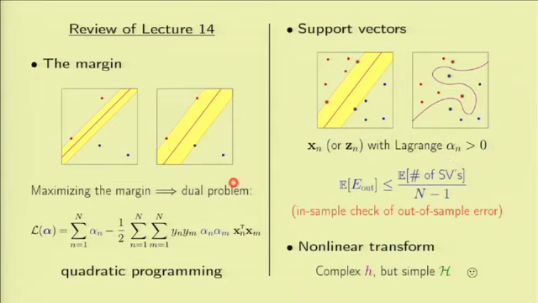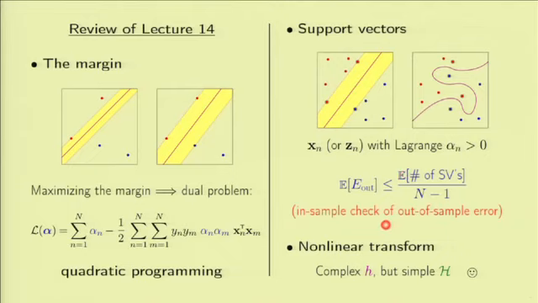You do all of this, you get the alphas back, and you can tell what the number of support vectors is in sample. So we are able to check on the out-of-sample error using an in-sample quantity. And we know by the previous experience that this is a biggie. Because now not only are we going to check on the in-sample error, we are also going to check on the out-of-sample error using a quantity we can measure.